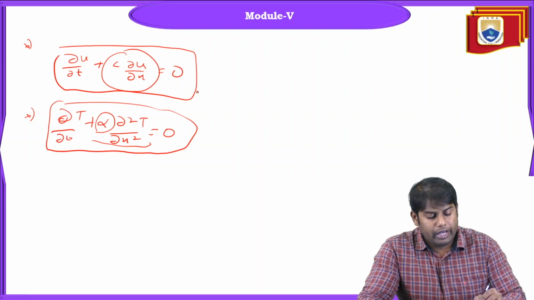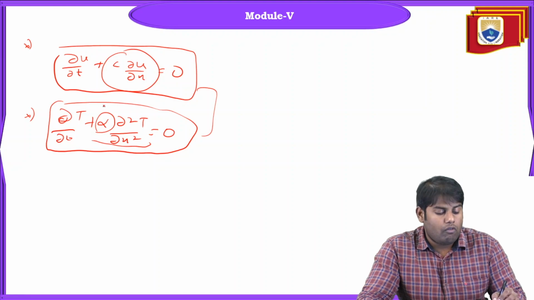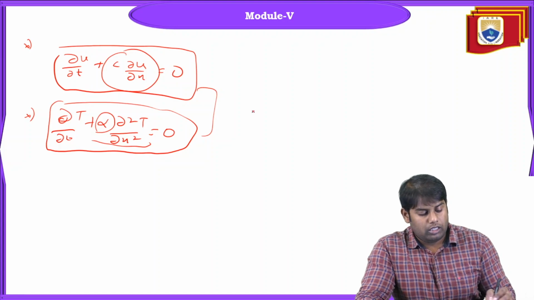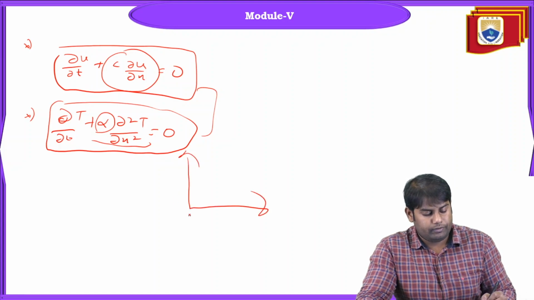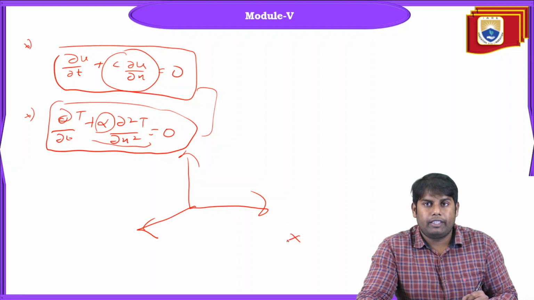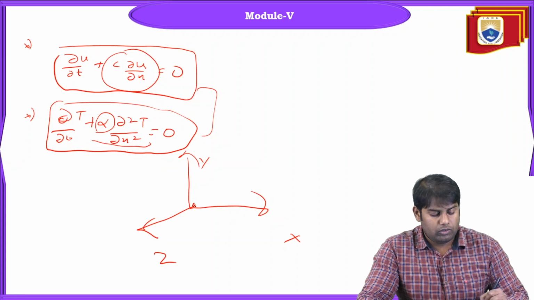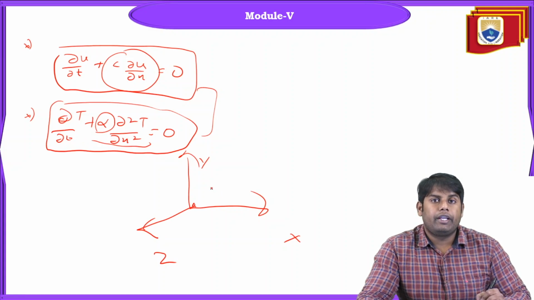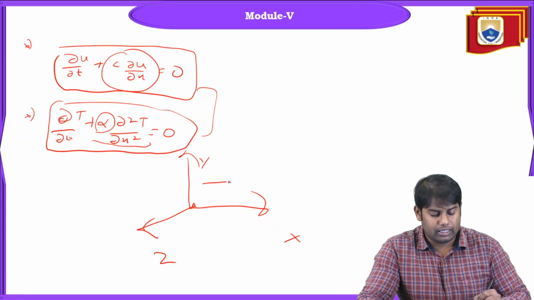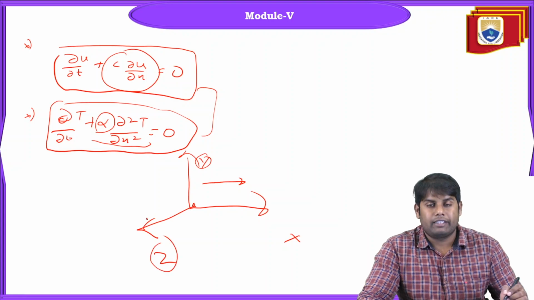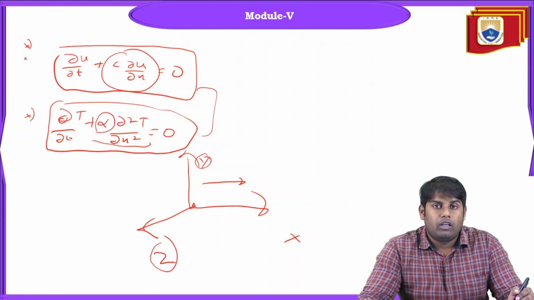Now, what do we have by comparing these two? In one equation, you have the motion of the fluid. Let's say you have an axis system, with x-axis, y-axis, and z-axis. When your fluid is moving along the x-axis, the convection happens along the x-axis, and the diffusion phenomena will happen along the y and z-axes.